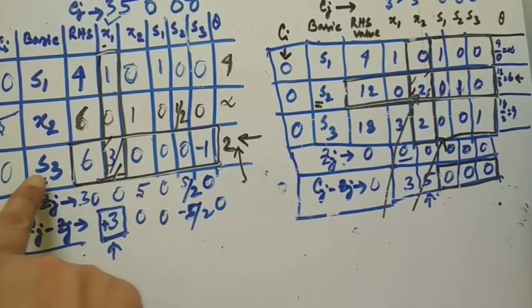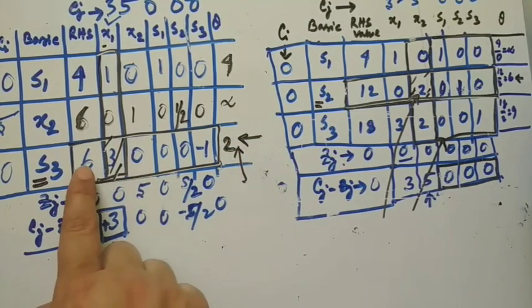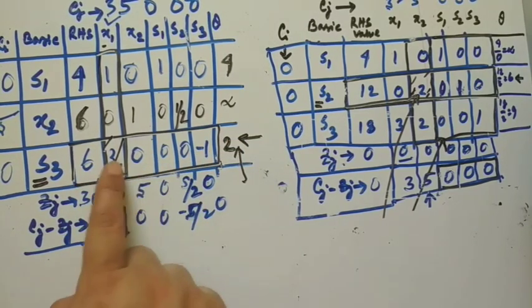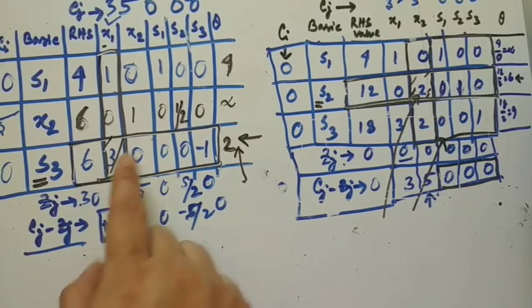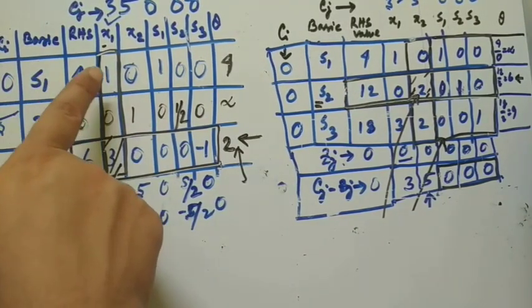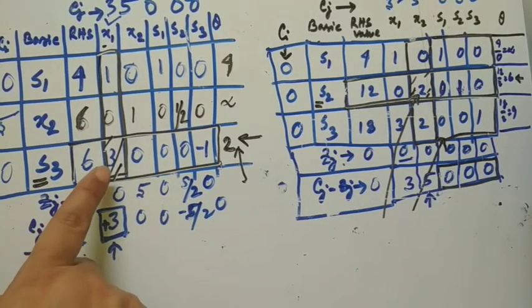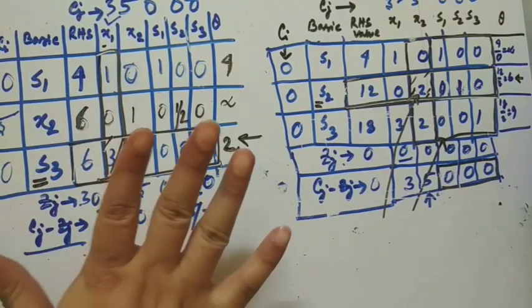So this column we have to construct using the formula of this particular value, key row value, by pivot element, and for the rest the old value minus corresponding key row into key column by pivot element. Okay. So I will construct the next table.